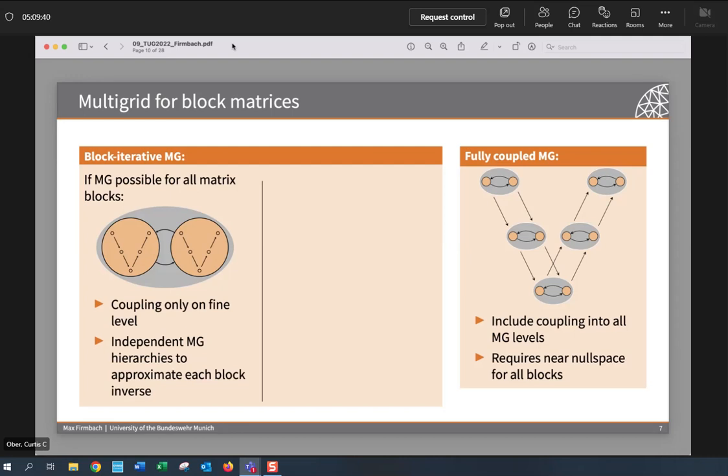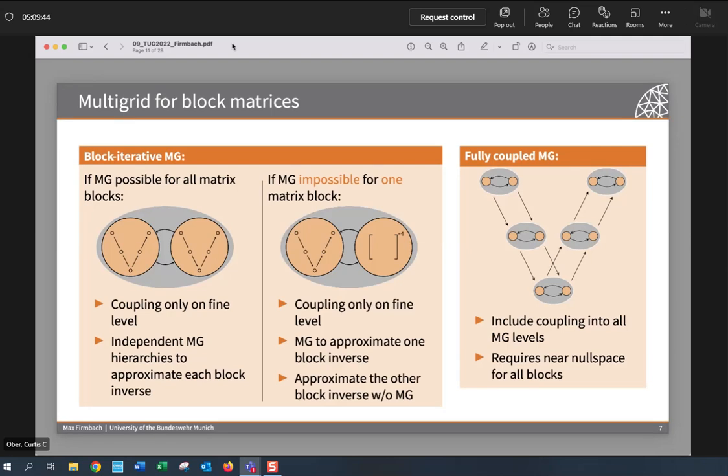What we will do for now is use some kind of block iterative multigrid approach, but we will also facilitate not only multigrid but also other methods.